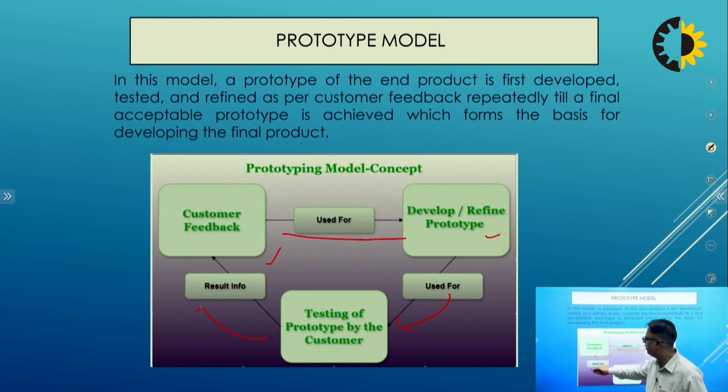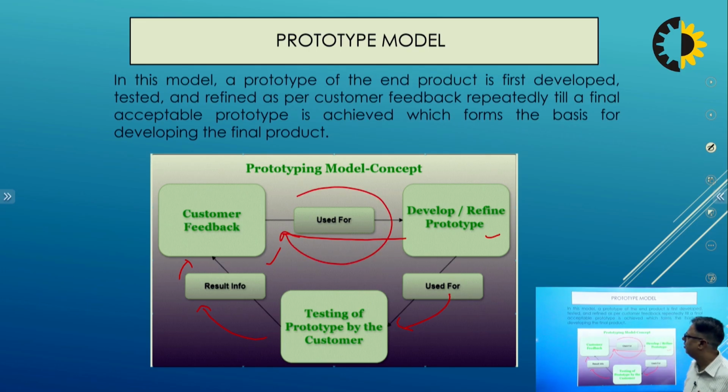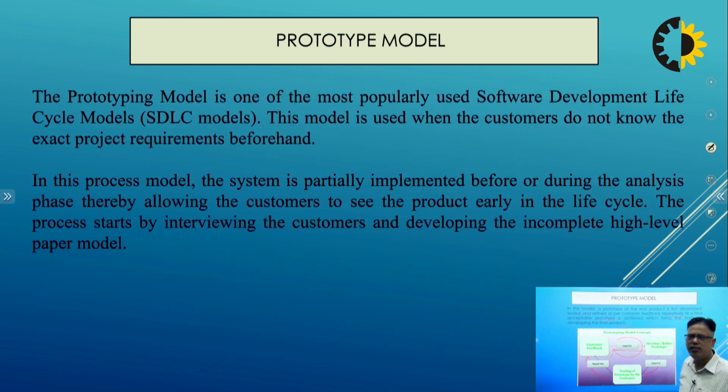After refinement we again provide it to the customers for feedback, and this process continues. So in this model, a prototype of the end product is first developed, tested and refined as per customer feedback repeatedly till a final acceptable prototype is achieved, which forms the basis for developing the final product.